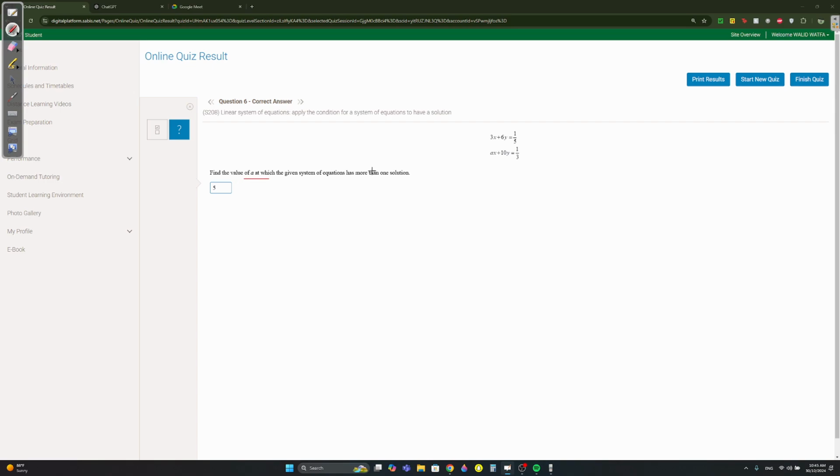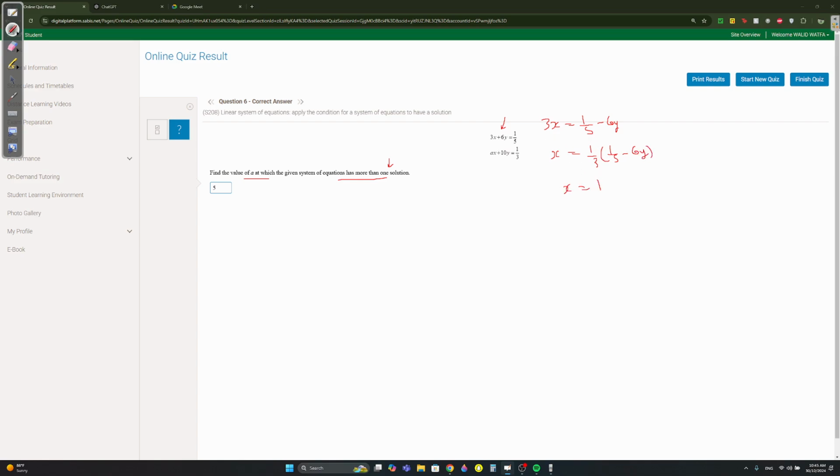Find the value of a at which the given system has more than one solution. Okay, obviously we have to substitute here. 3x plus 6y equals 1 over 5. Let's change it to 1 over 5 minus 6y. Then divide by 3, so x is equal to 1 over 3 times 1 over 5 minus 6y, because I just divided by 3 on both sides.